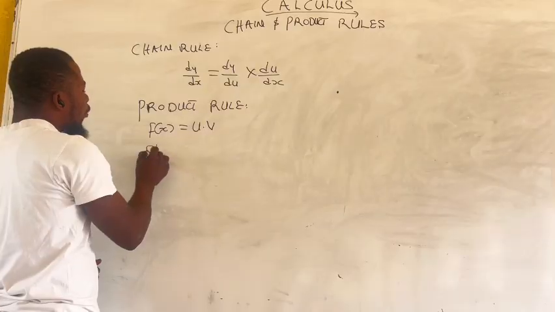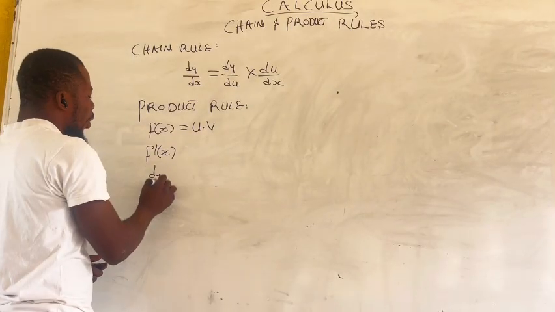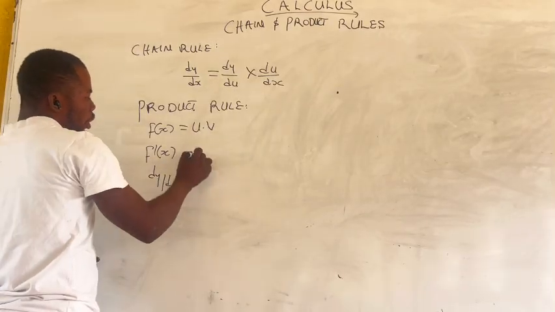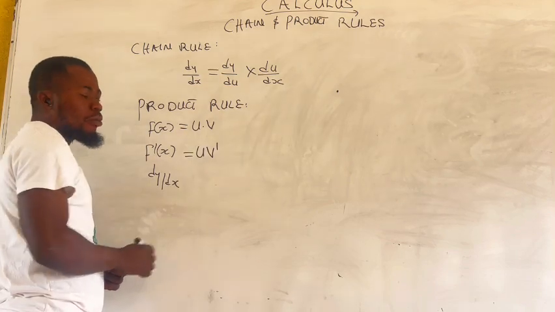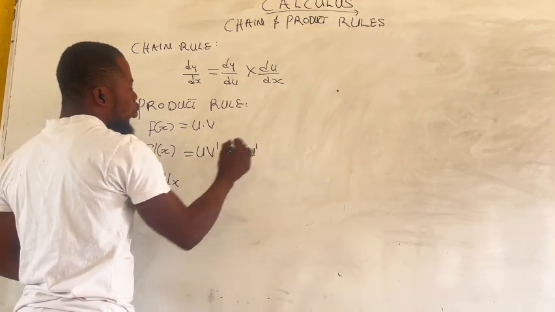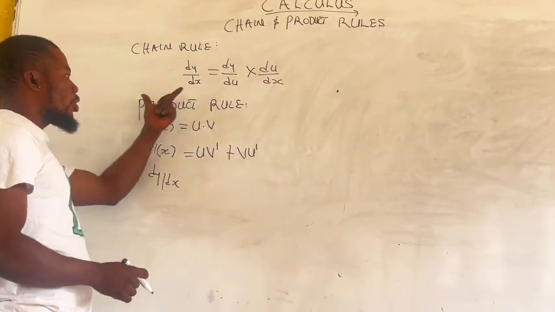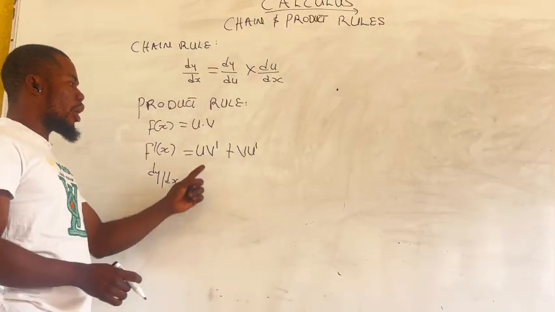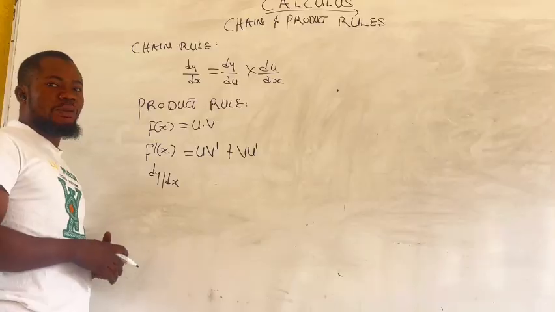Then the derivative, dy/dx, will now be equal to u multiplied by the derivative of v, that is v prime, plus v multiplied by the derivative of u, that is u prime. This is the formula we'll be using for the product rule: uv prime plus vu prime, where v prime and u prime are the derivatives of v and u respectively.